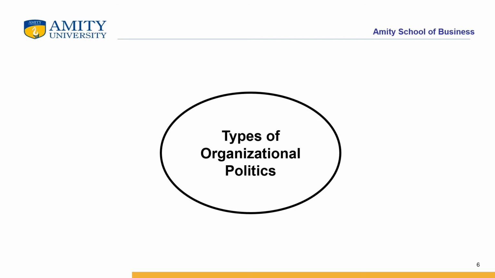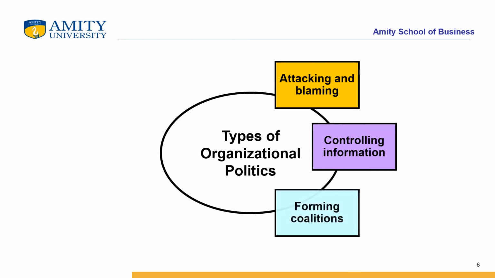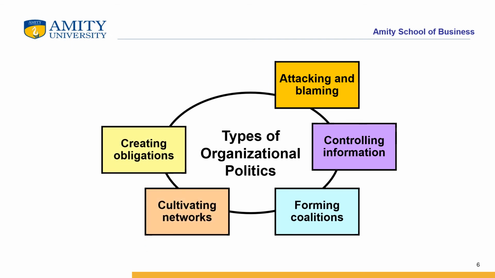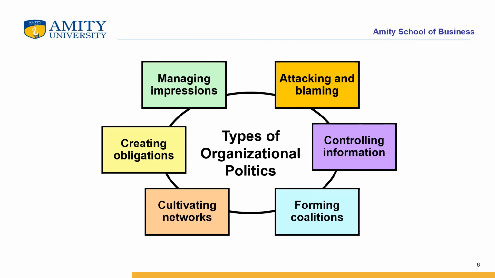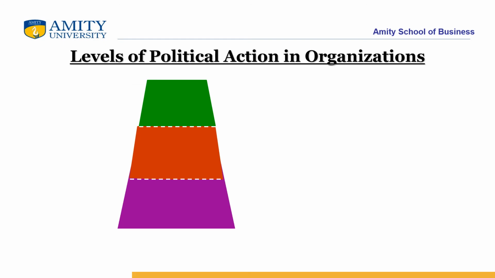Now we will discuss the different types of organizational politics: attacking and blaming, controlling information, forming coalitions, cultivating networks, creating obligations, and managing impressions. There are three levels of political action in the organization: at the network level, at the coalition level, and at the individual level.